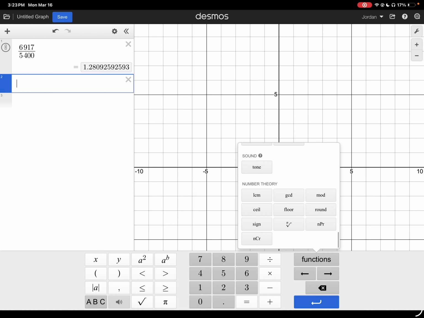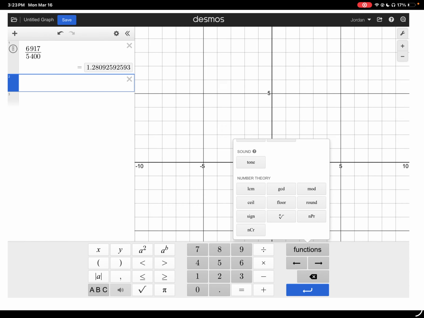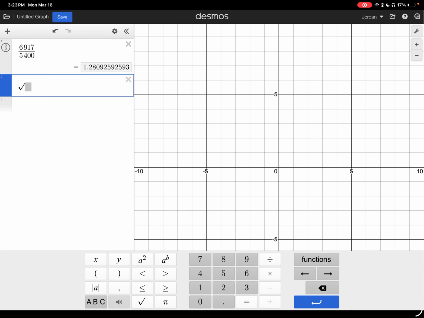You're going to click that little n square root symbol. That's called the nth root. That'll let you type that 7 right there in the little elbow corner looking thing. And then I'm going to type in 1.281. That comes to 1.036010510. I'm going to take that out to 3 decimal places again, so about 1.036.